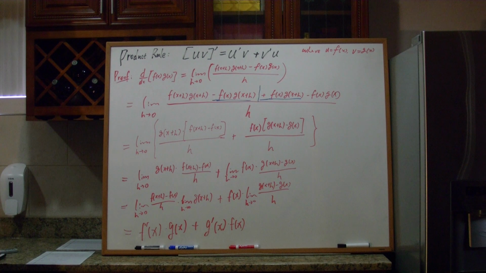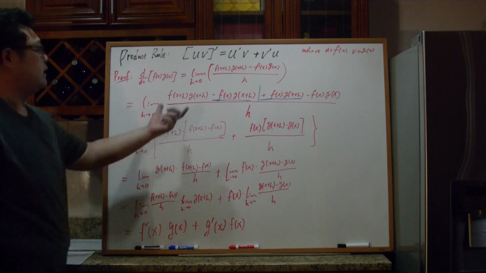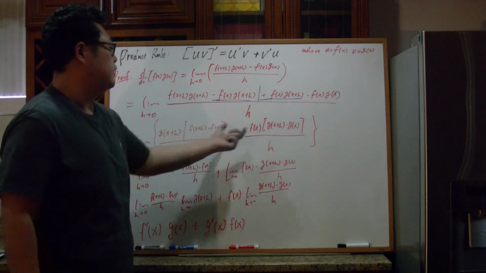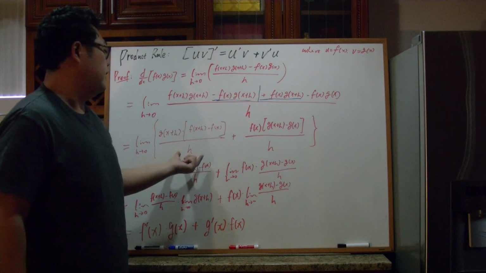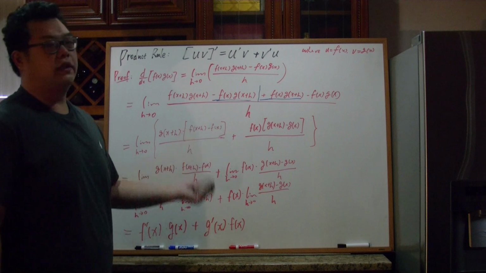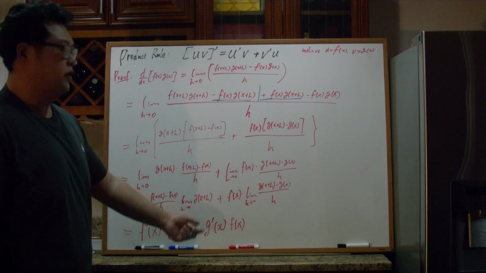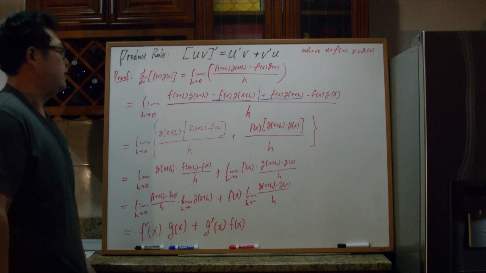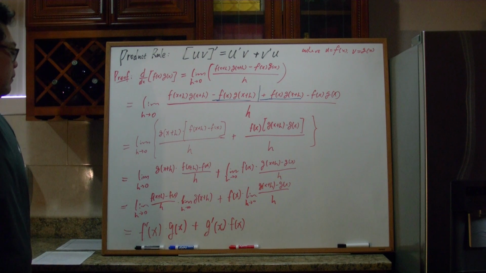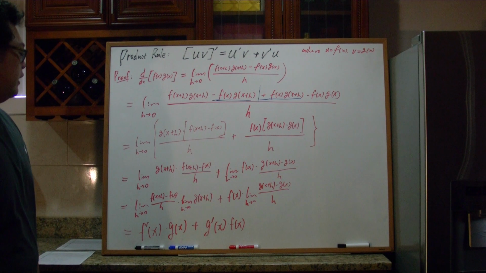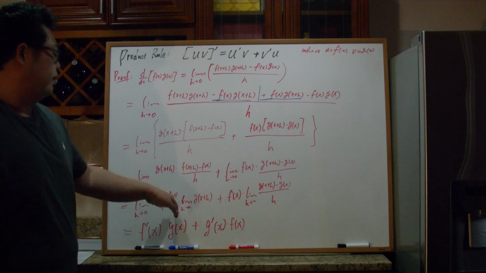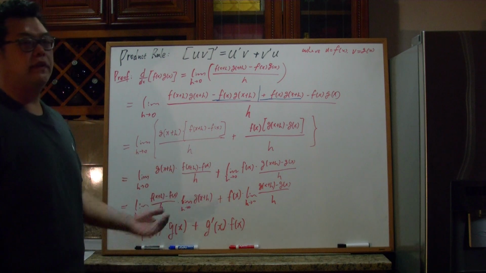Use the limit definition. The purpose is to get a common factor and separate into two things, to get that into the form of difference quotient, then we are able to get the derivatives at the end. Of course, the condition is that f and g, their derivatives exist.